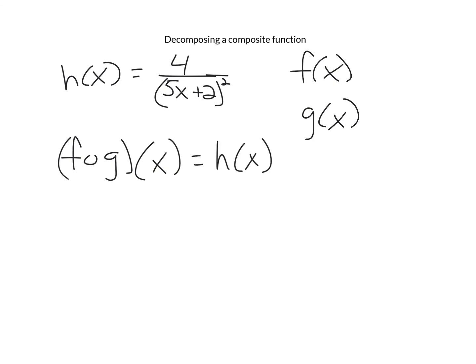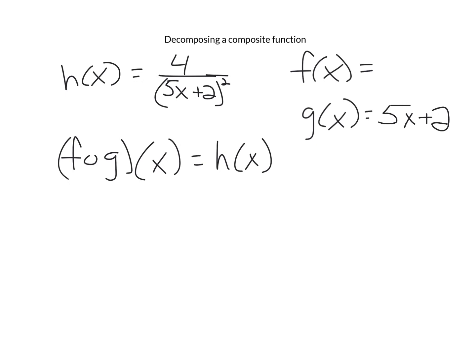Okay? So think of an f of x and a g of x that would make it this value right here. It might be easier to see what's in parentheses or anything that's combined. And I'm just looking right here and I see a 5x plus 2. So I'm going to put that as my g of x, 5x plus 2.